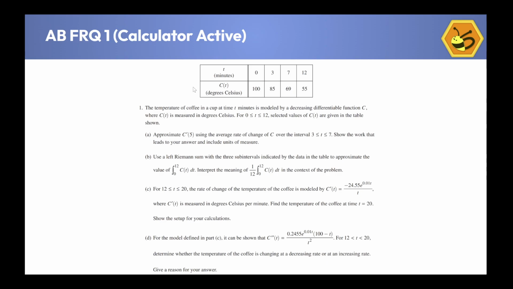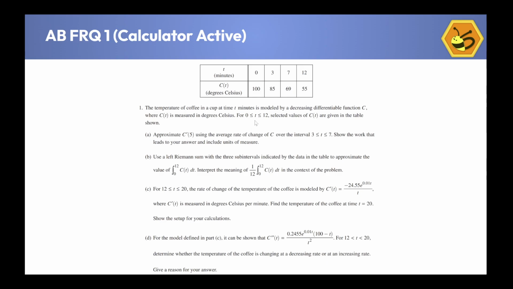In this question, we're given a table of t in minutes and C(t) in degrees Celsius. Let's read the question together. The temperature of coffee in a cup at time t minutes is modeled by a decreasing differentiable function C, where C(t) is measured in degrees Celsius.